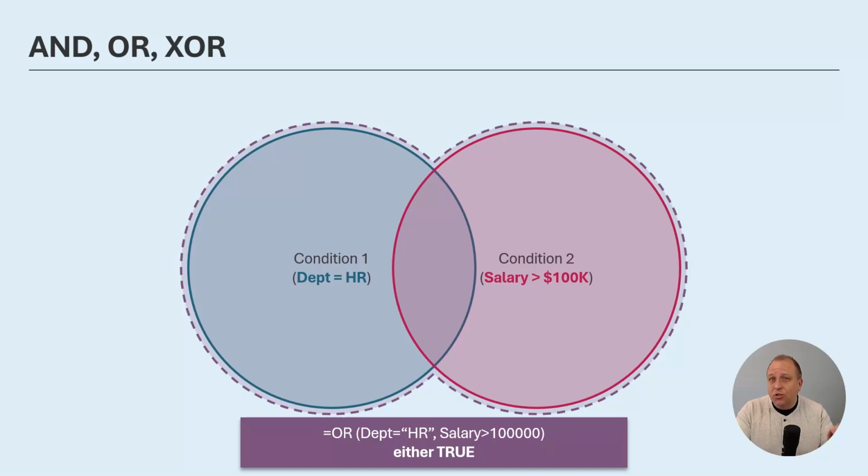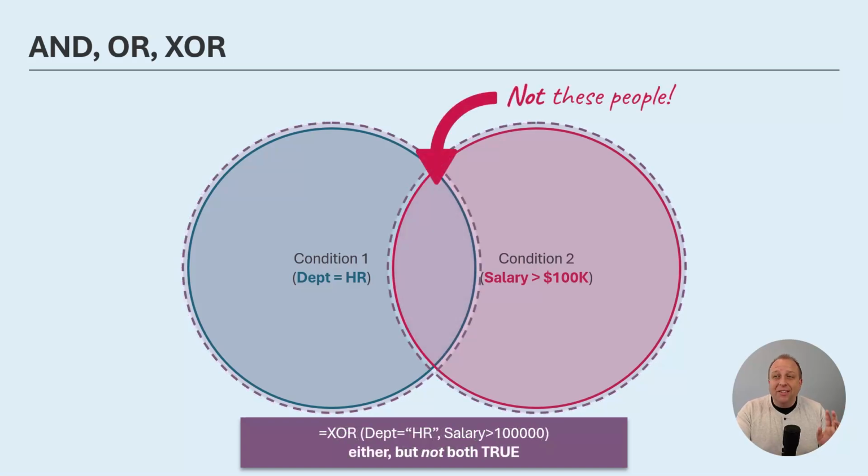Now, a second ago, I said the opposite of AND is OR, but actually the real opposite of AND is the exclusive OR. XOR stands for exclusive OR, and what that means is it's allowed to be one or the other one, but it can never be both of them. So if somebody works in HR, that should be true. If somebody makes more than $100,000 a year, that should be true.